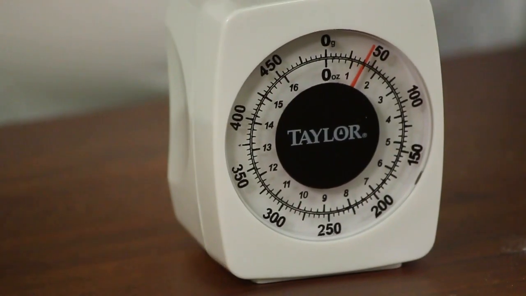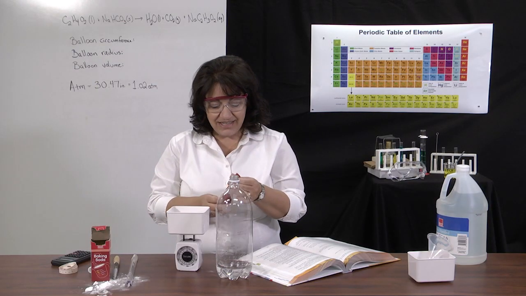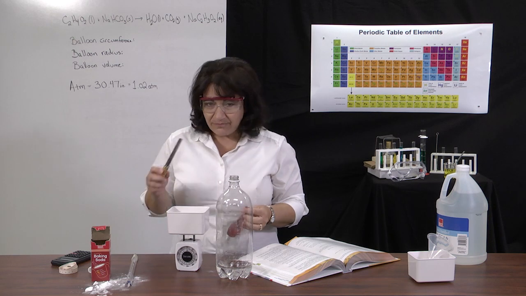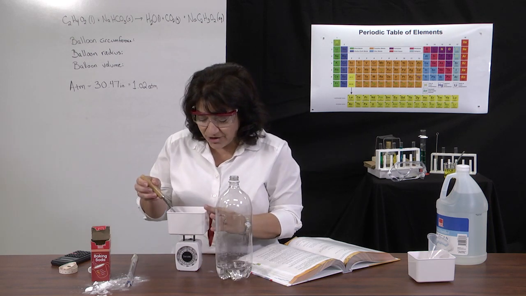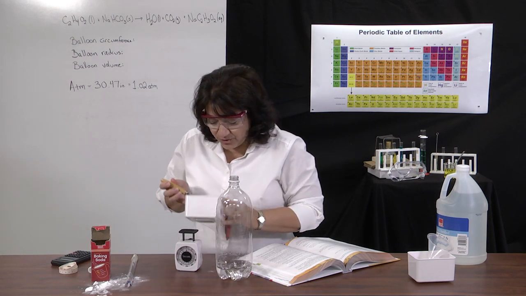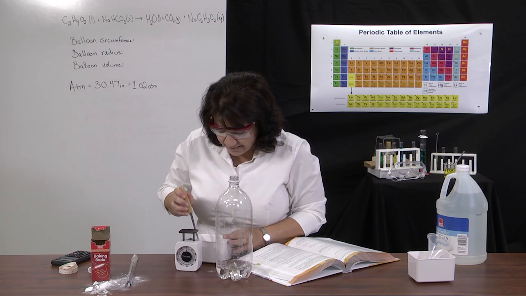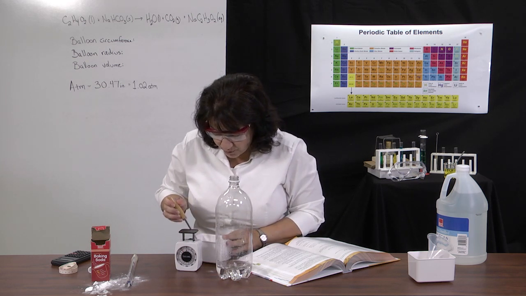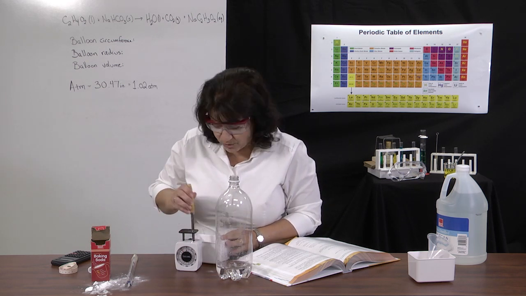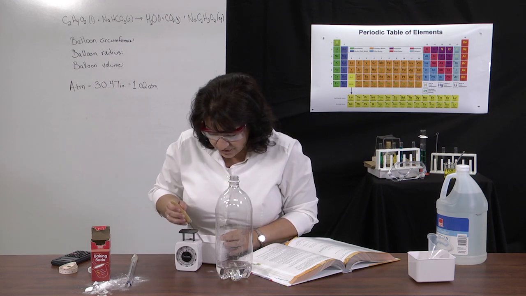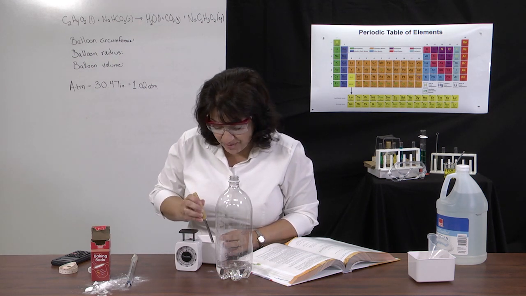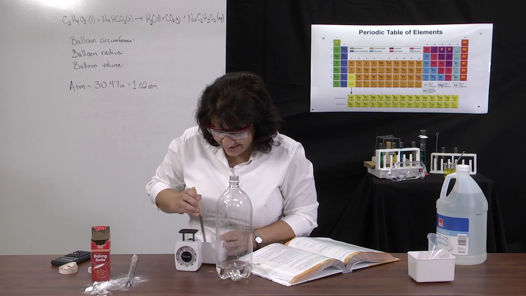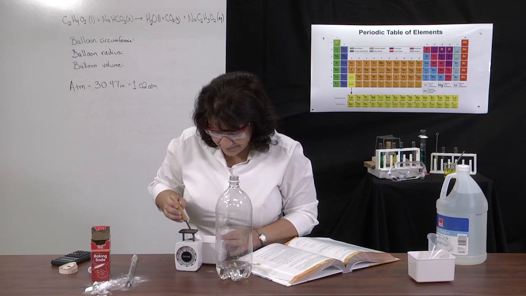We need to transfer this to our balloon. You've done this in an experiment before, and I like to use my little squash corer, but you can use a knife or a funnel. Sometimes working with a funnel will work as well. What I'm doing first is chopping up all the big chunks because it tends to have clumped a little bit.